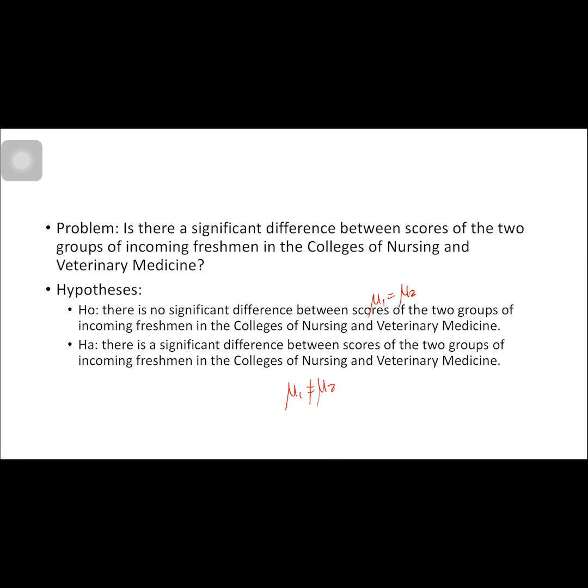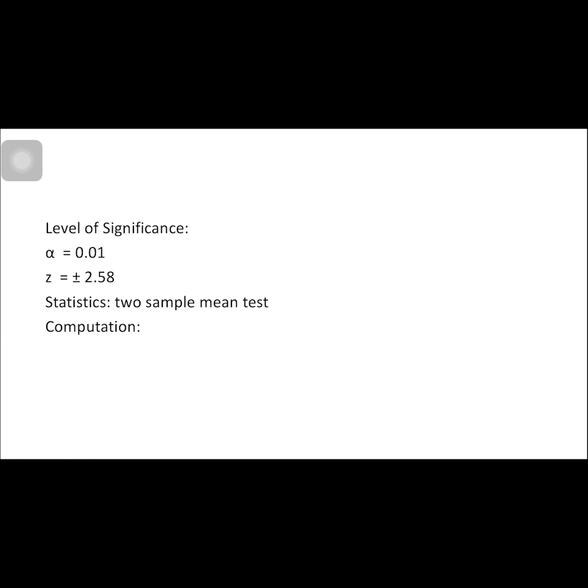For our level of significance, we have alpha at 0.01. So our critical value or tabular value is 2.58. Again, please refer to our student's t distribution table. Our statistic is the two sample mean test.